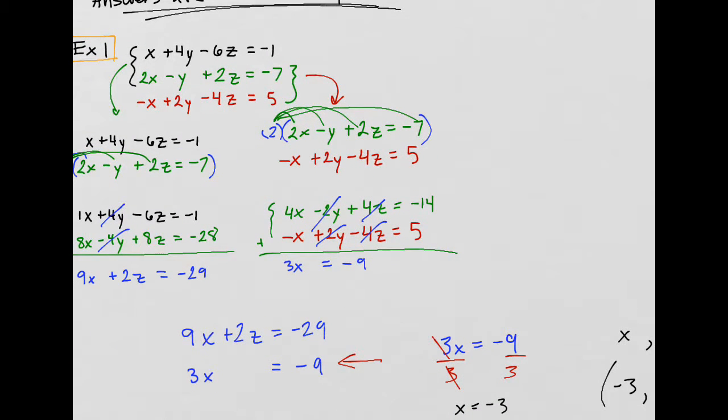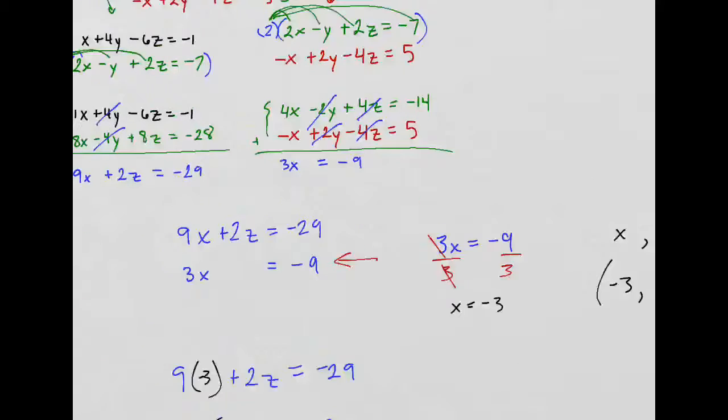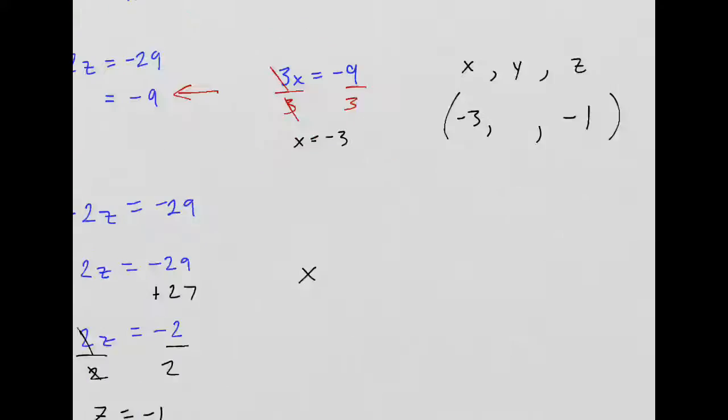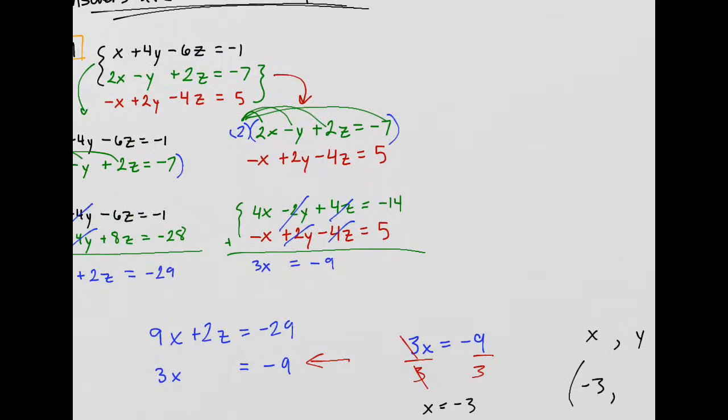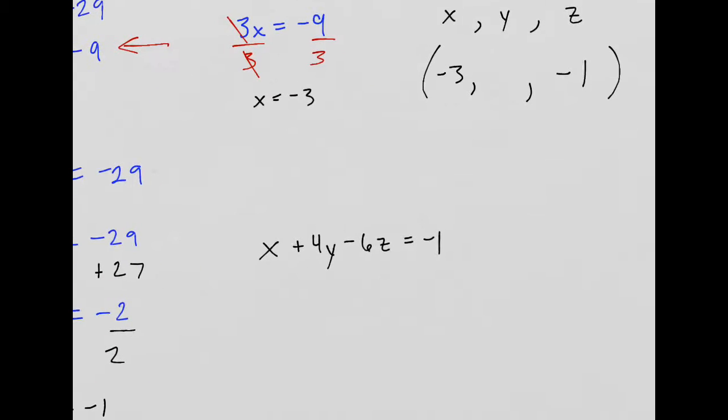x plus 4y minus 6z equals negative 1. So the top one was black. So I'm using that, x plus 4y minus 6z equals negative 1.